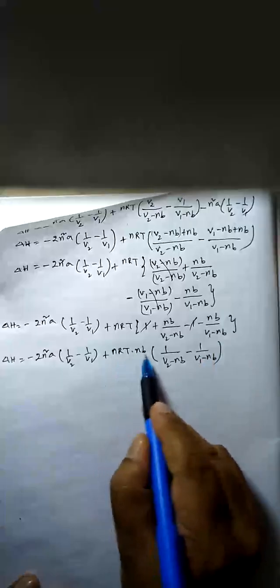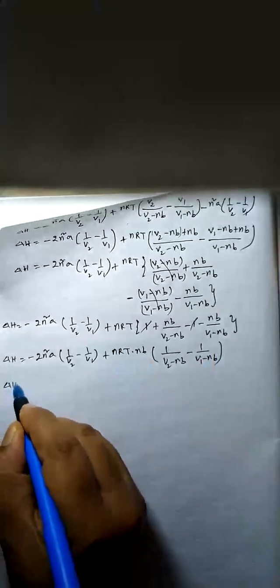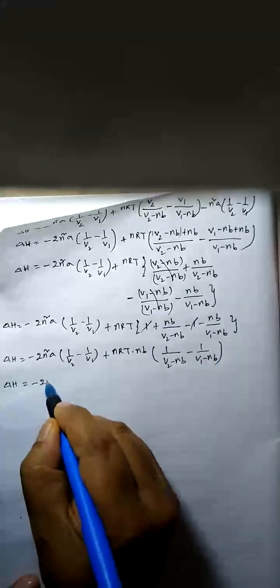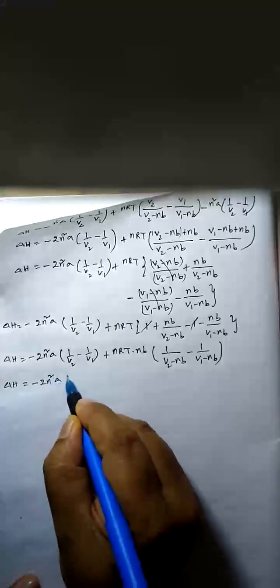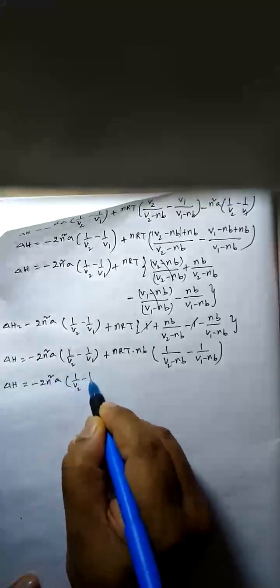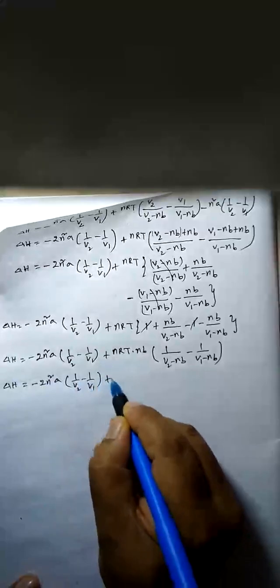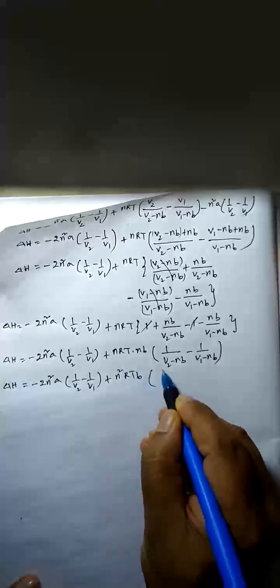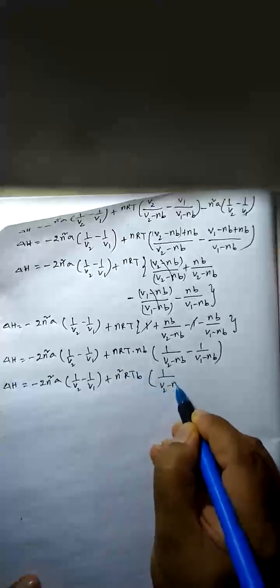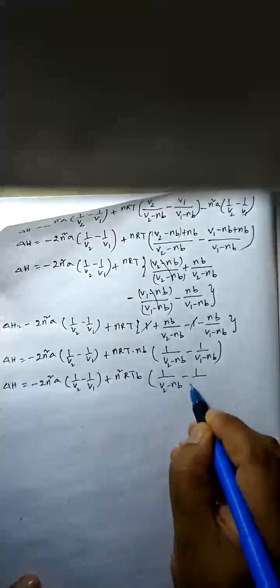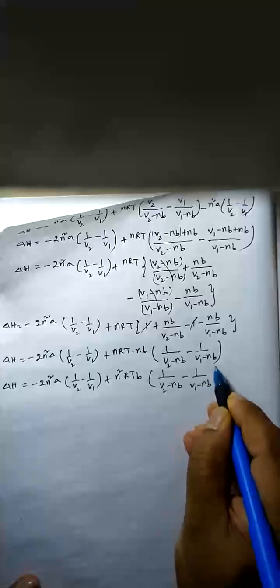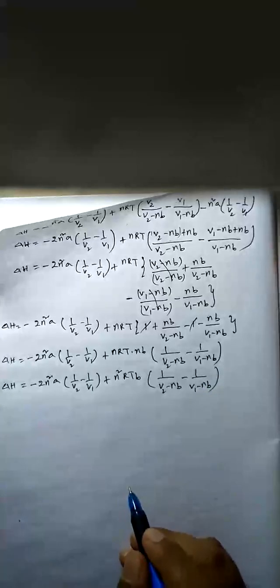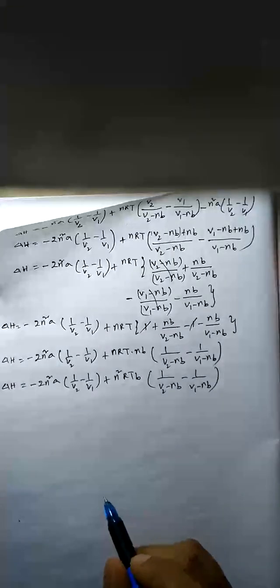Then your delta H is equal to minus 2 n square a (1 by v2 minus 1 by v1) plus n square RTb, whole of 1 by v2 minus nb minus 1 by v1 minus nb. And this is the expression for delta H.